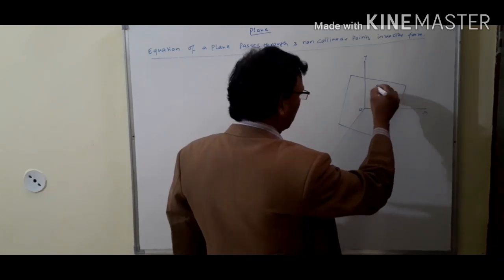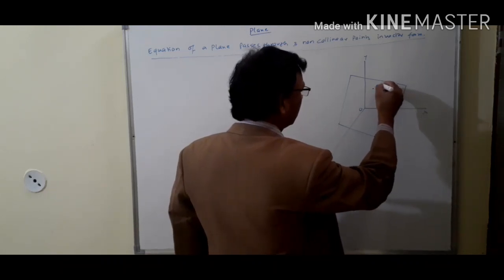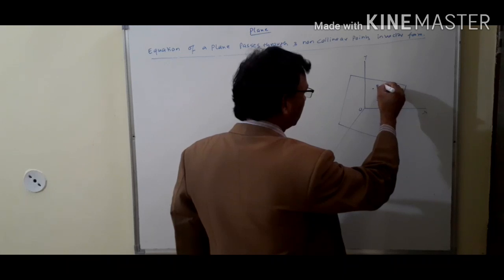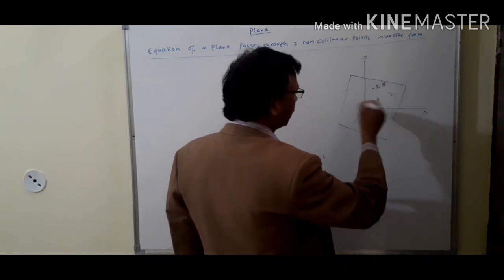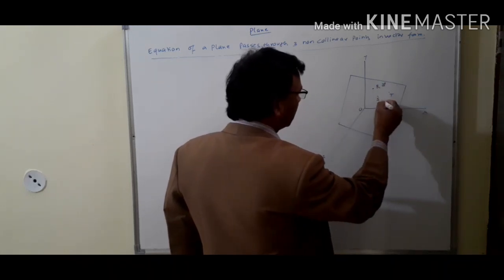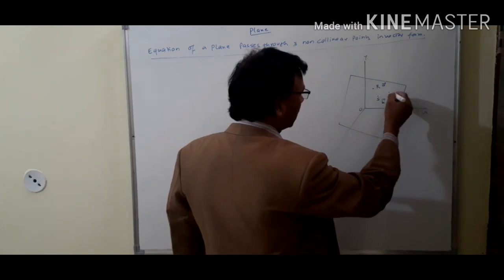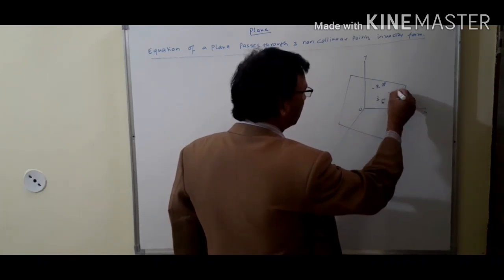The position vector of point R is small a, the position vector of S is small b vector, and the position vector of T is small c vector.